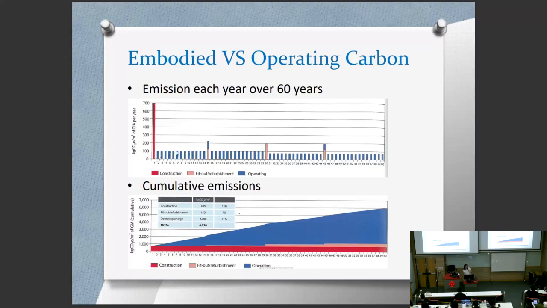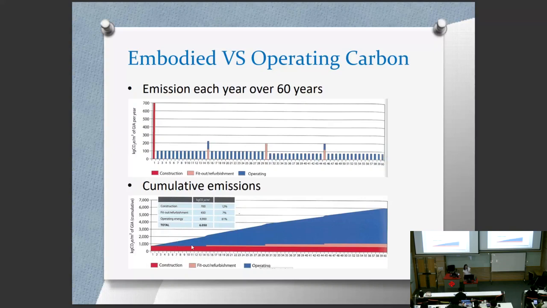It needs to consume some energy and result in 100 kg of carbon dioxide equivalent per square meter every year. That's the operating carbon. And then after major renovation, the operating carbon is lower, 70.